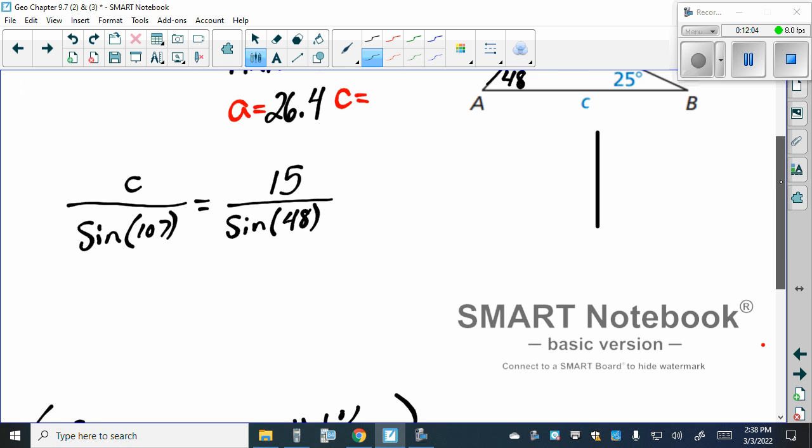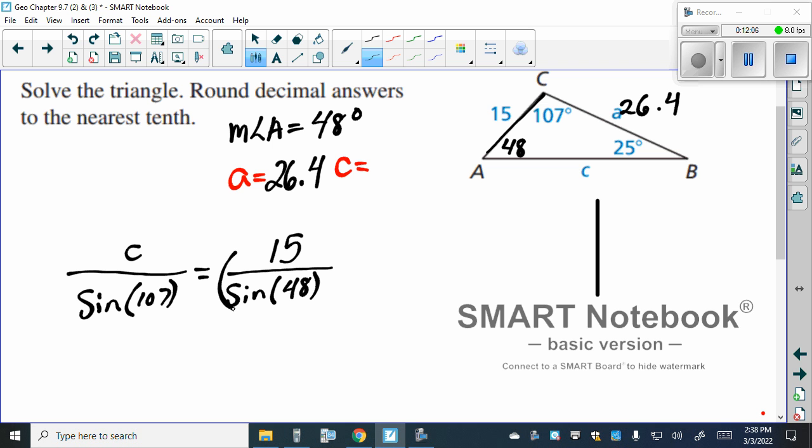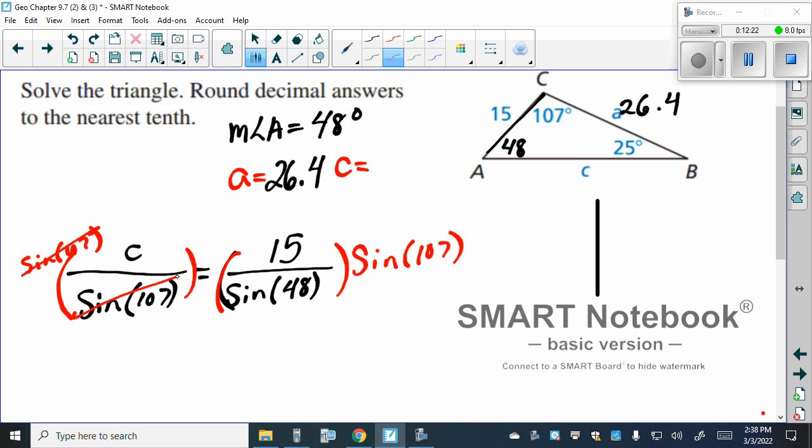Now, to solve this, we're going to multiply both sides by what? Sine of 107, by the bottom of our fraction over here. And as we saw earlier, these two here would actually cancel out.